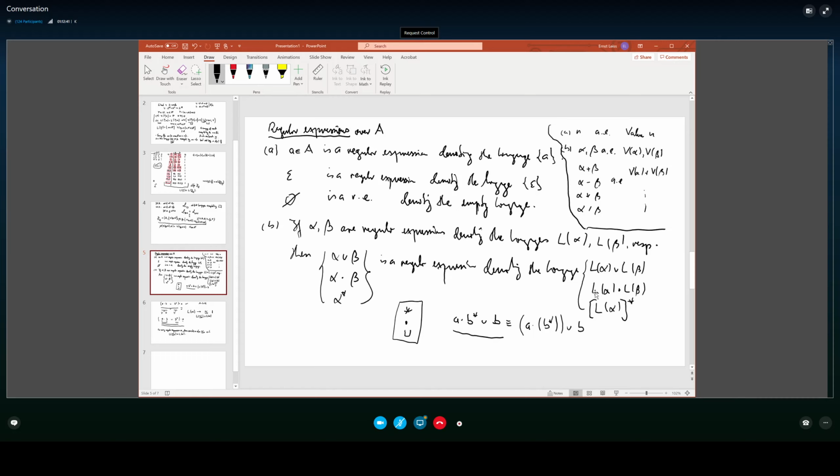The concatenation automaton accepts the concatenation of L alpha and L beta. And the star automaton accepts L alpha star.